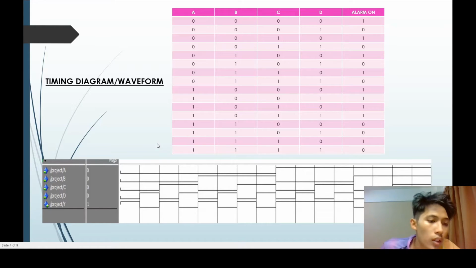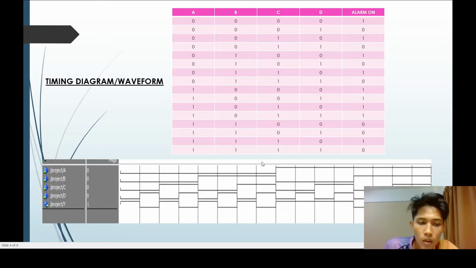So for the input A, we can see this is 0, 0, 0 at times 1, 2, 3, 4, 5, 6, 7, 8, and the others are 1. So step down for the input A, and finally it will step up.